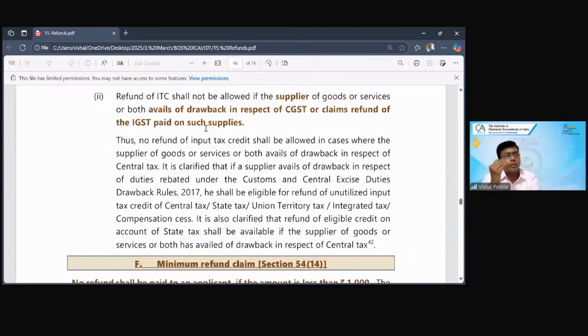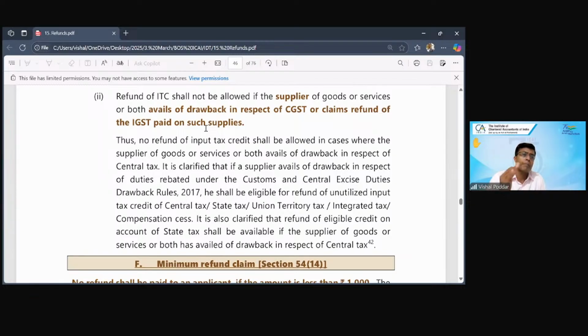So if the tax which you have paid, like this IGST which you have paid on import, is already given back to you in the form of drawback, I cannot give it back to you again in the form of refund. Otherwise, it will be unjust enrichment, because the same amount will be given back to you twice, once by the name of drawback, and second by the name of refund. So this will again be wrong.